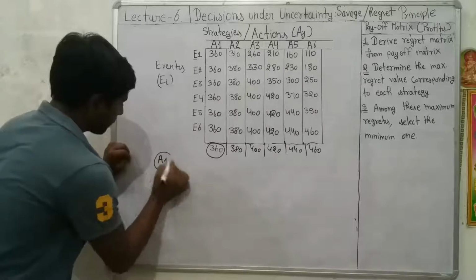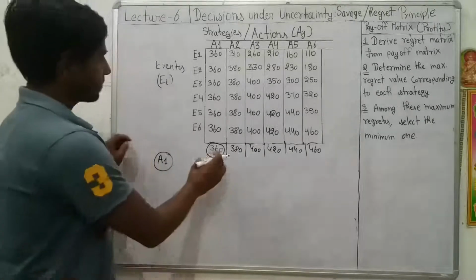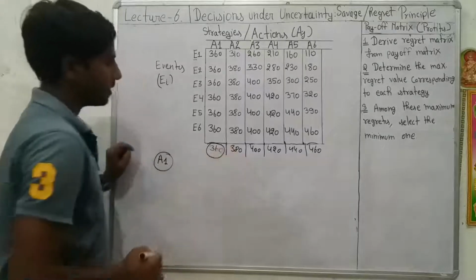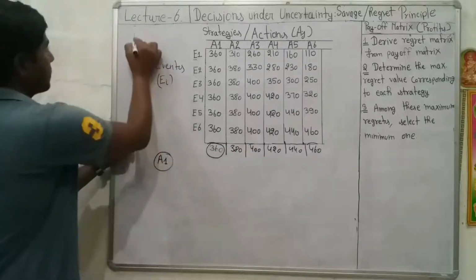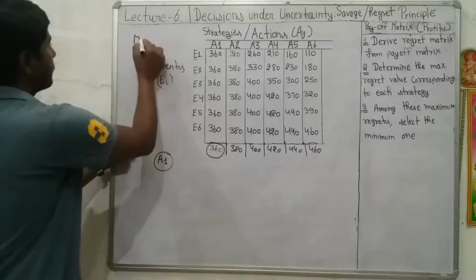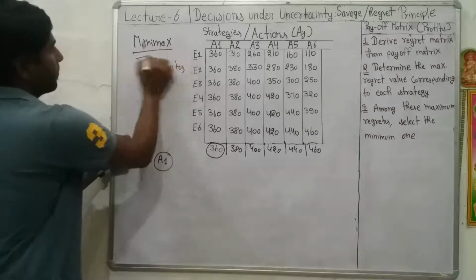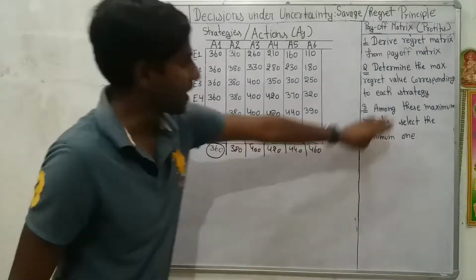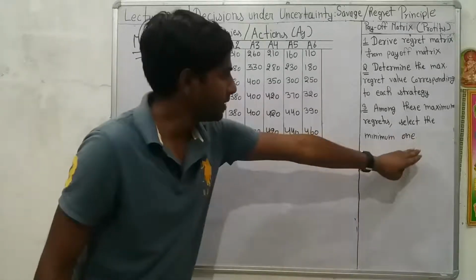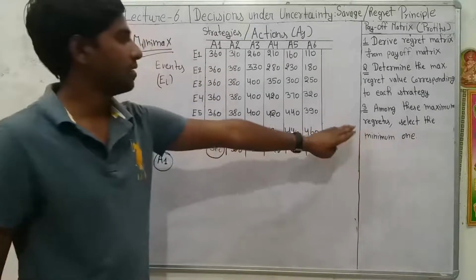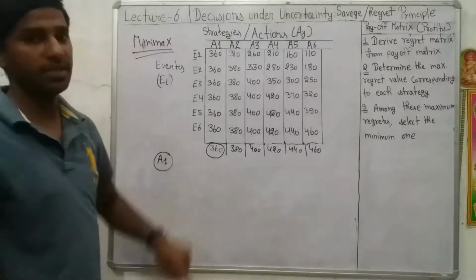If you notice carefully, we have basically applied the minimax approach. First, we selected the maximum values for each strategy. Then we calculated the minimum out of the maximum values.